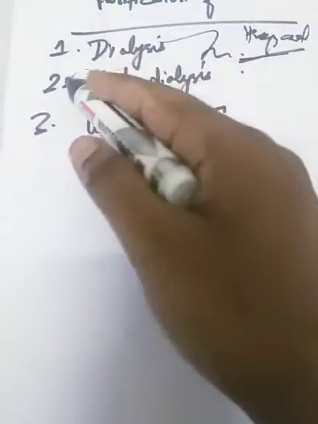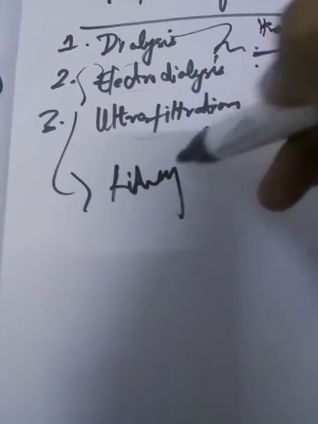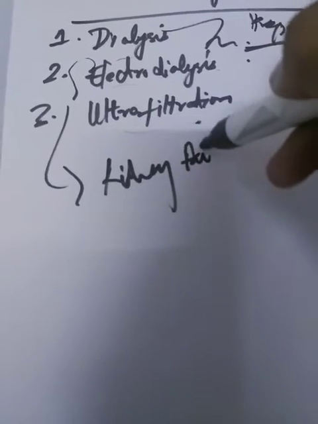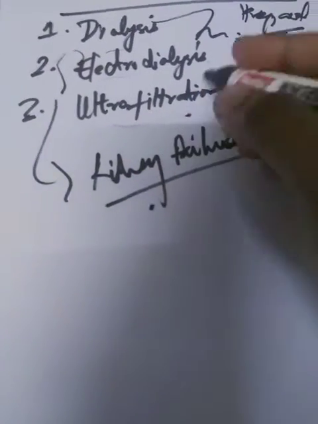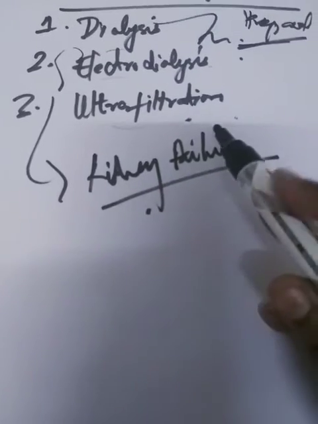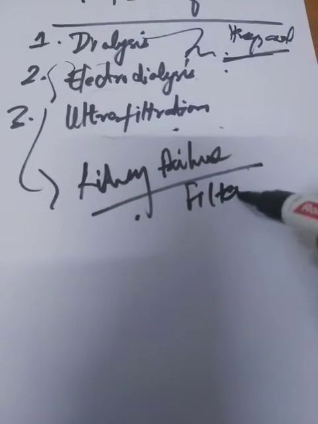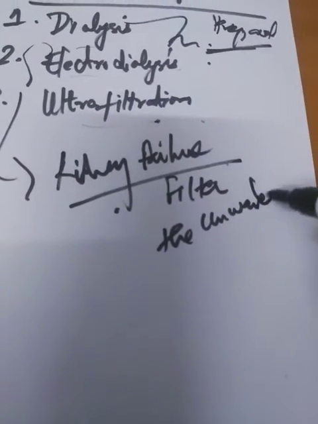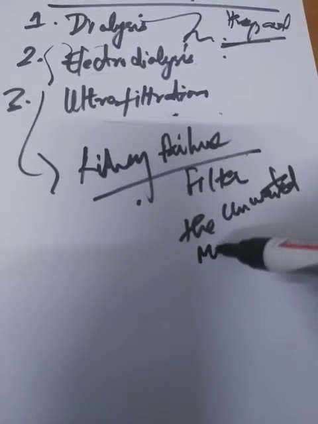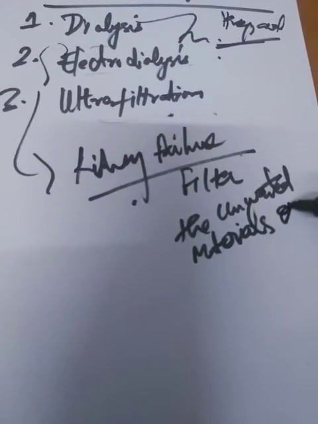We came to know about dialysis and electrodialysis from kidney failure issues, where we do dialysis. Dialysis is nothing but filtering the extra, unwanted salts or unwanted substances inside the colloidal substance.